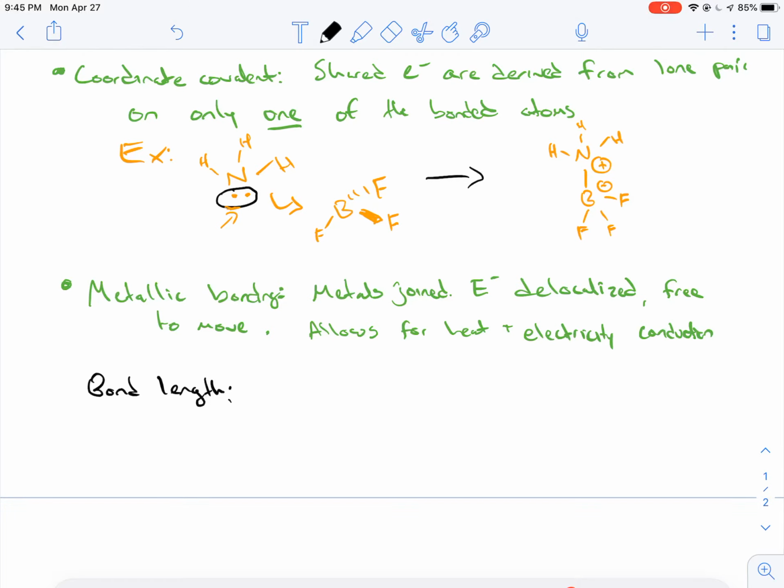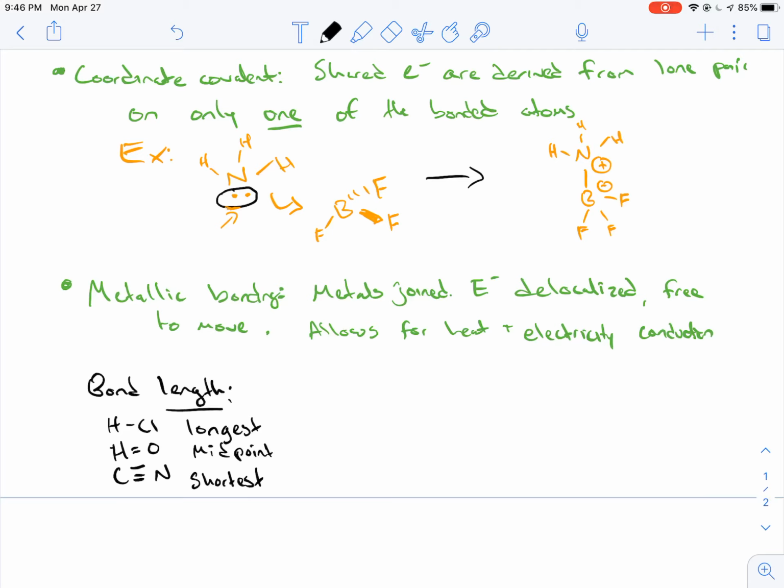If we have a single bond, so say we have HCl, that would be the longest bond. And then the triple bond would be the shortest, just because of how many bonds there are. And then we see, we have a double bond, that would be in between.